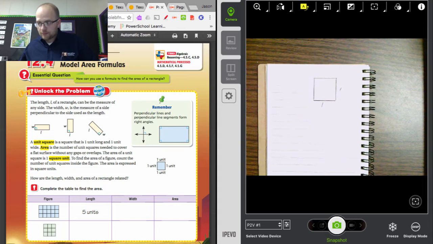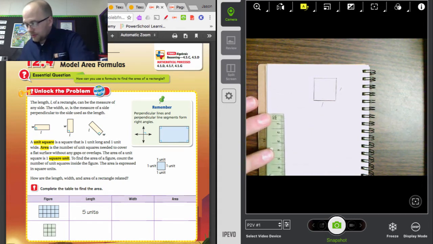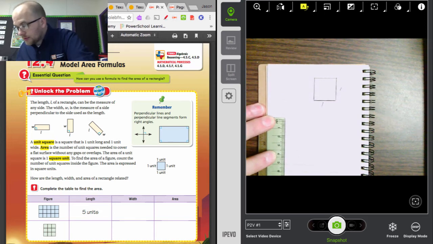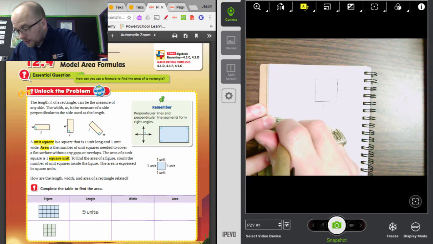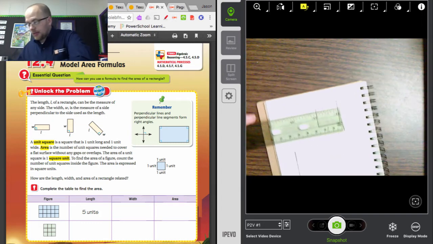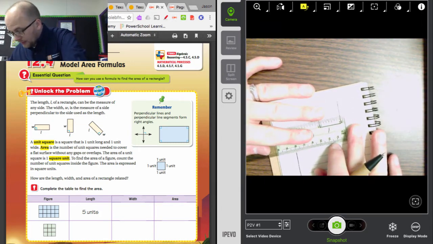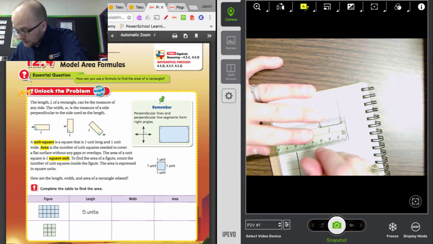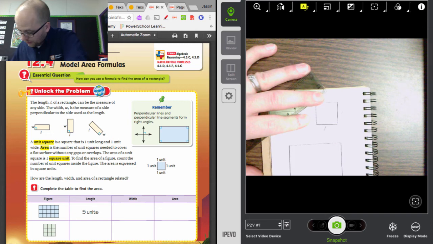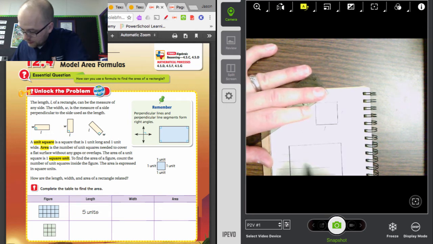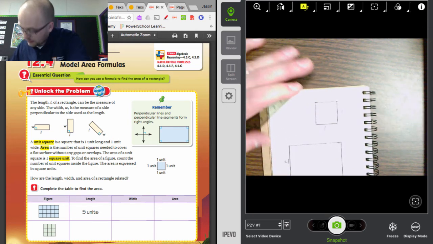Well, let's see. If I do centimeters because they're smaller, let's say I've got 4 centimeters by 6 centimeters, and I'm just going to go ahead and freehand the rest of this rectangle. There's 4 centimeters, 6 centimeters.